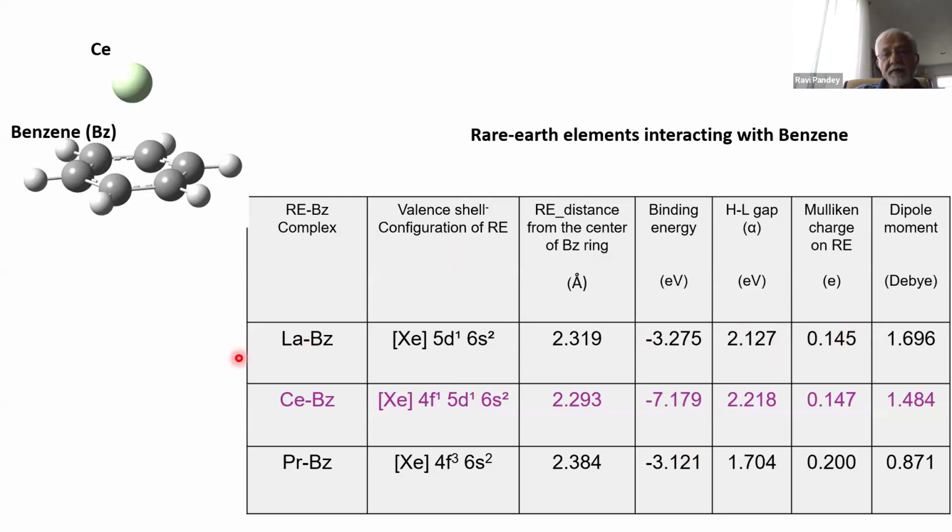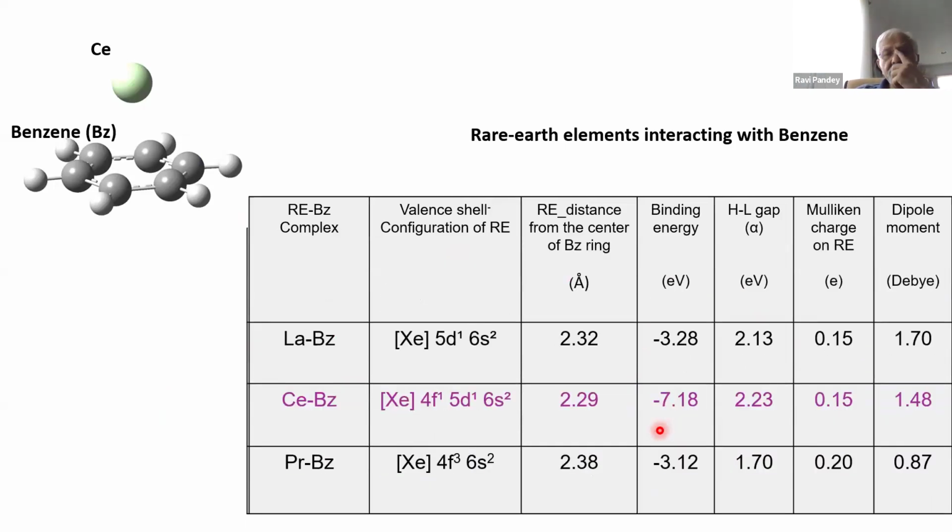I focus on cerium: the binding energy for a given system is about 7.2 eV. But if I change the system, it is about 7.18 eV. So there is some change in the binding energy depending on the modeling element we use in these calculations.